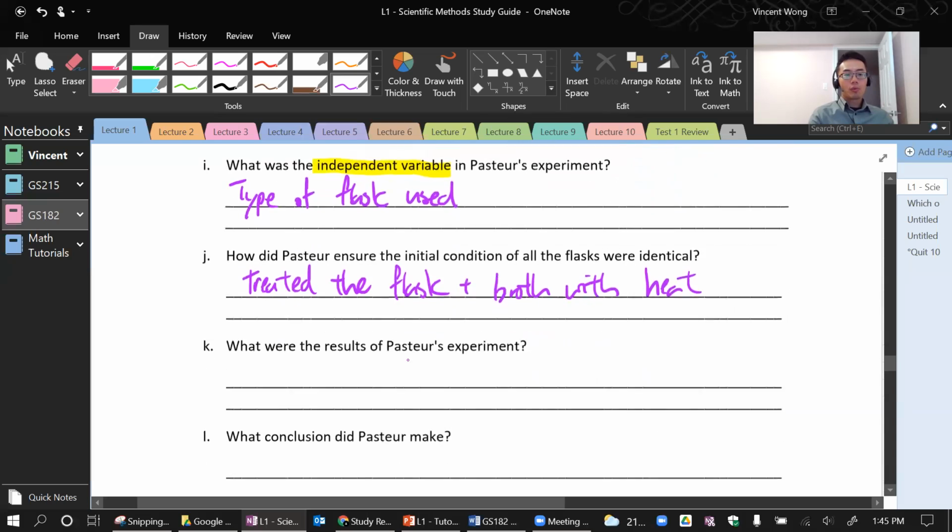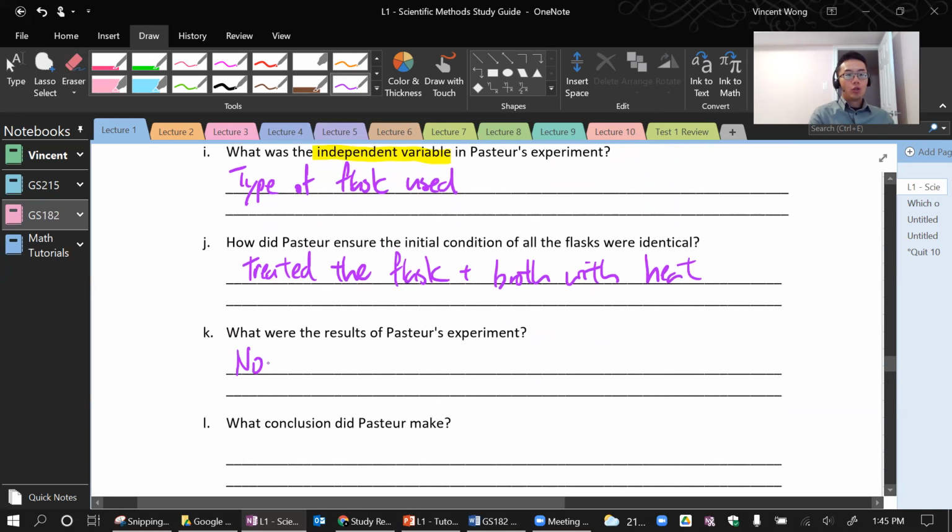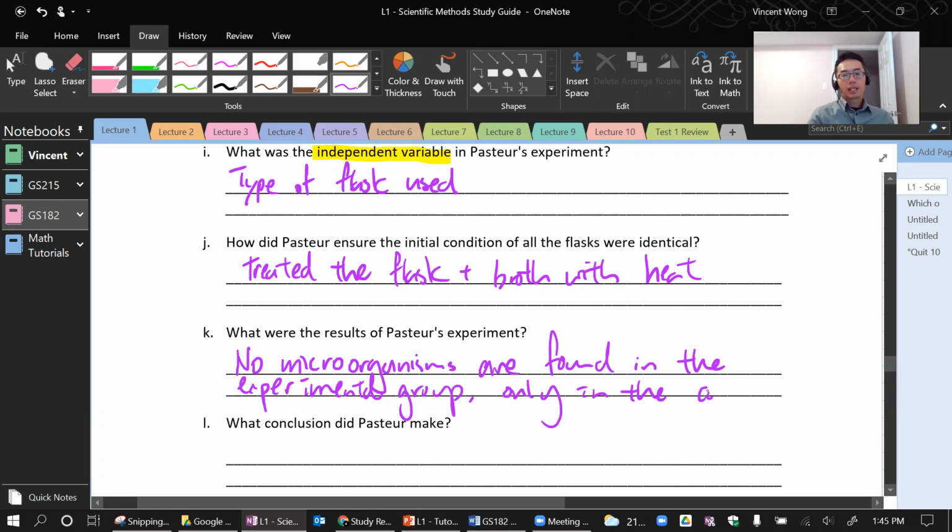So what were the results? Well, as expected, no microorganisms are found in the experimental group. Only in the control group.